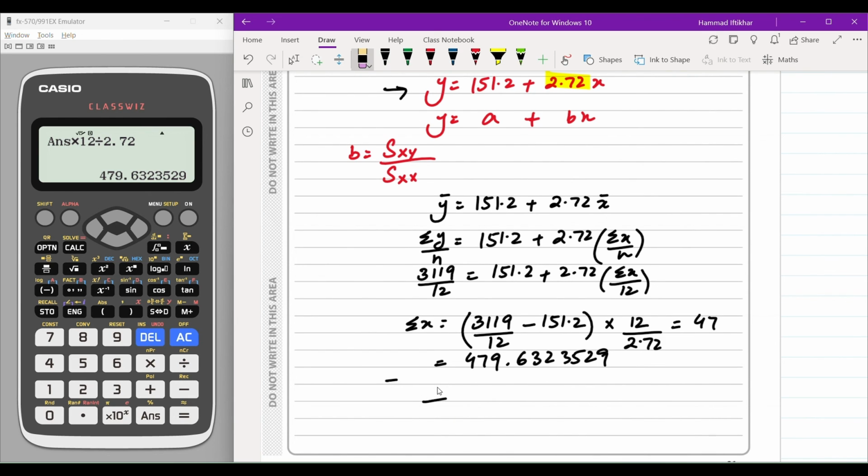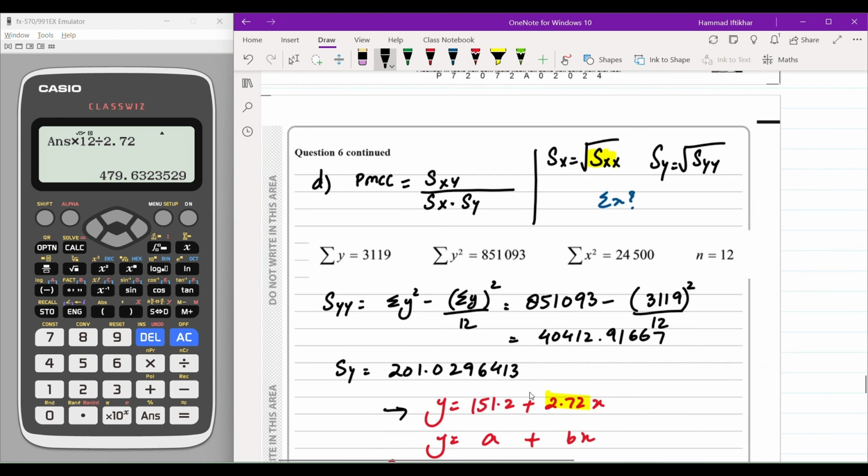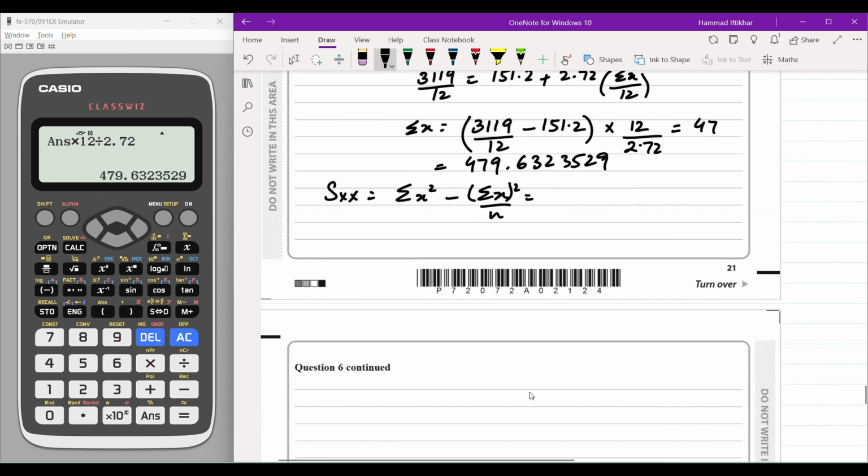Now let's find out the Sxx. Sxx is sigma x squared minus sigma x whole squared divided by n. So sigma x squared, they give us 24,500, minus this value, sigma x, whole squared divided by 12.